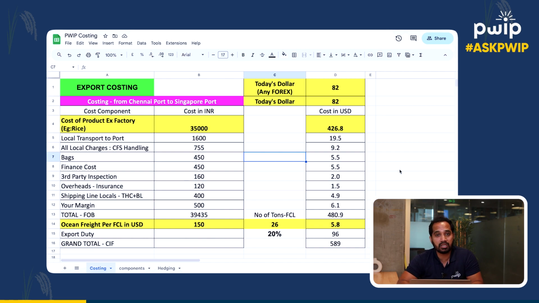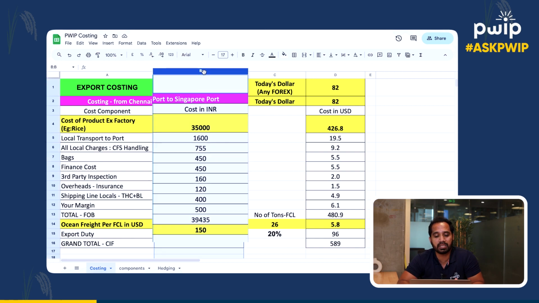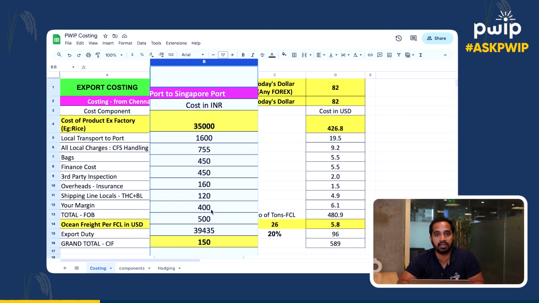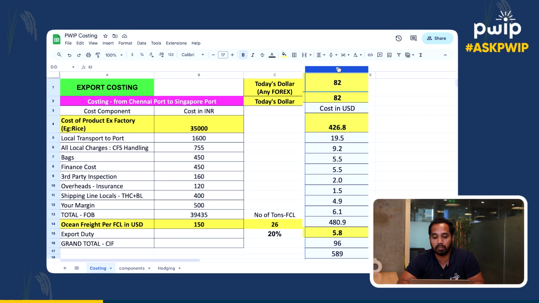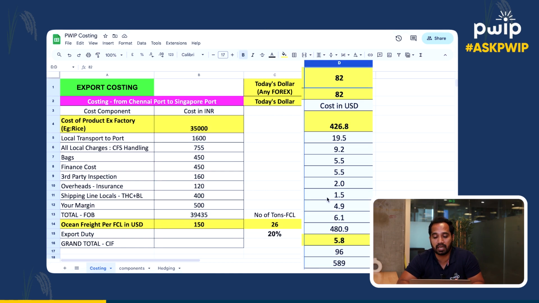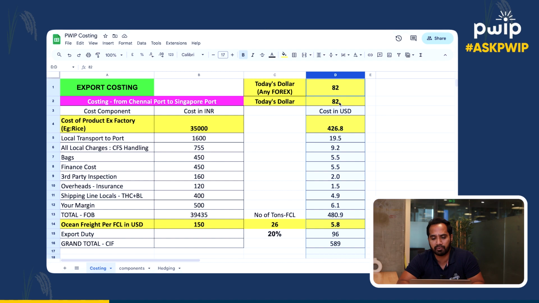So as you can see on my screen, I've prepared a basic costing with rice as an example. In column B, you can see the cost factors written in INR. And in column D, you can see the cost factors are in US dollars, and I have today's forex exchange rate written here.